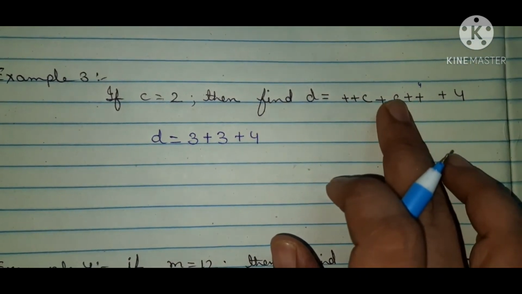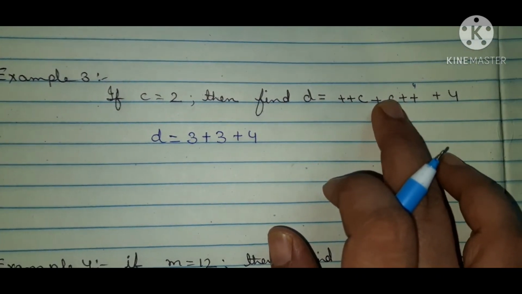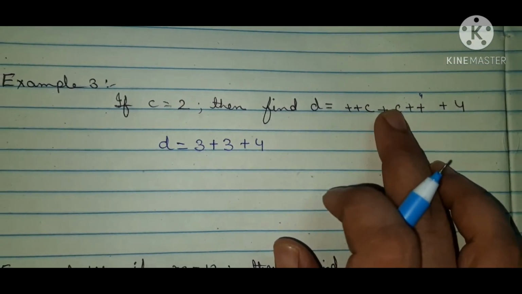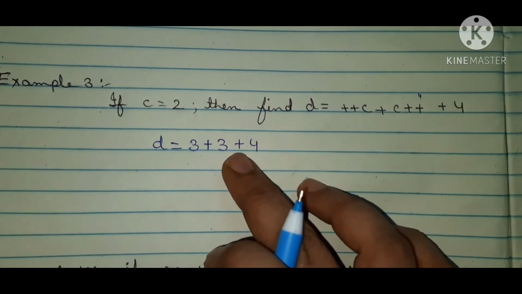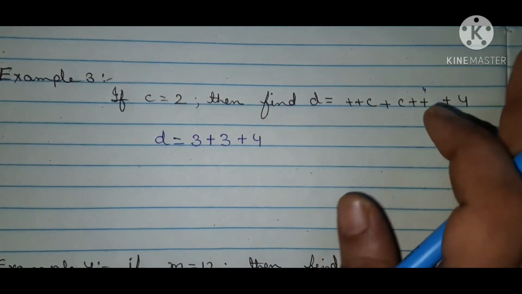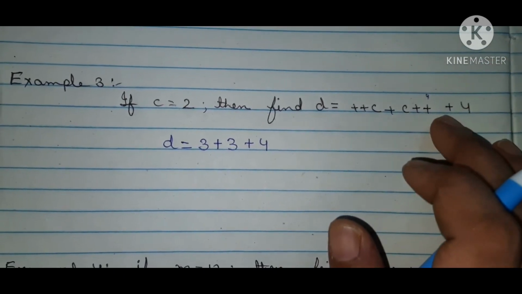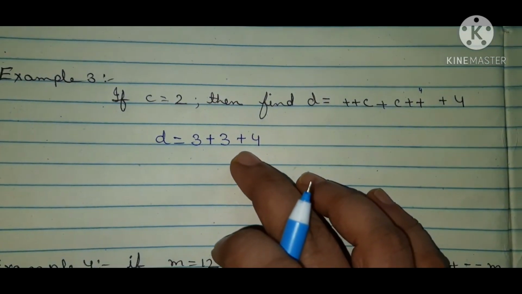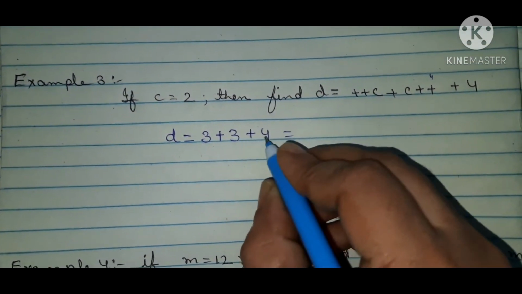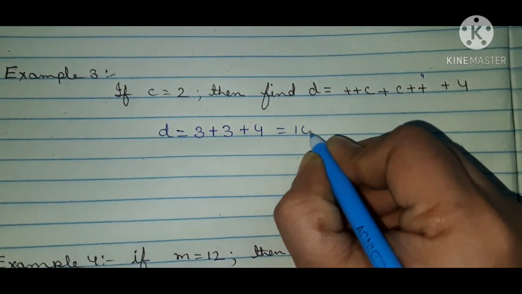Here it says first write and then increase, so the value of c is 3 here. So here also we write 3. Then afterwards it has increased to 4, but it is of no use anymore. Then plus 4. So 3 plus 3 is 6, plus 4 is 10. The value of d is 10.